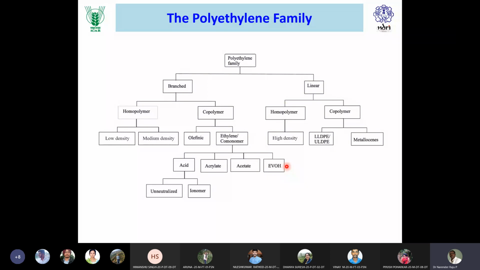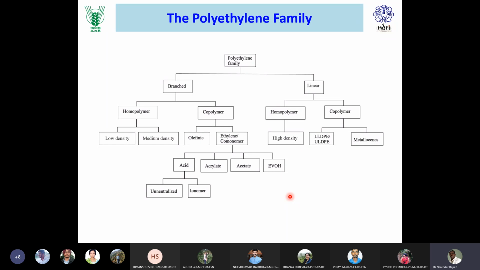So when you try to heat or when you try to add some additive during its manufacturing process, the OH group has a tendency to react, and that's the reason it's difficult to process. But in any case, ethylene vinyl alcohol has come to the aid of the packaging industry to replace metal containers and glass containers to provide very high gas barrier property.